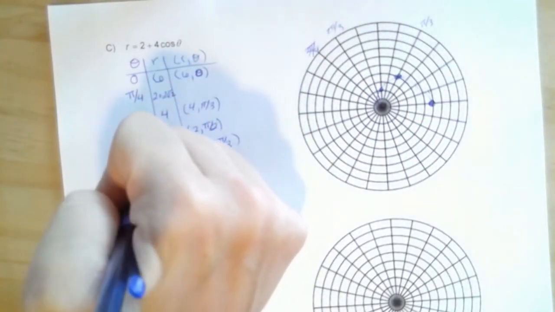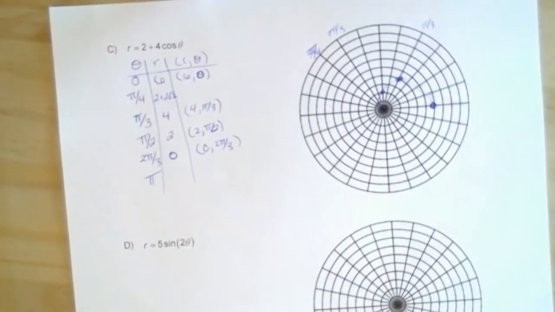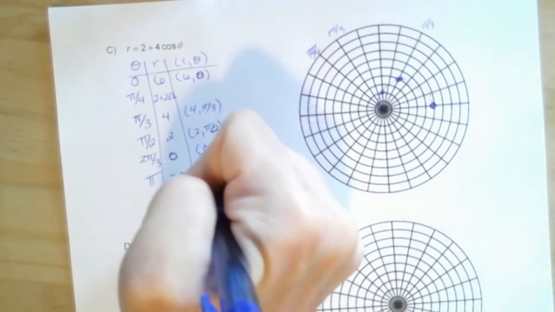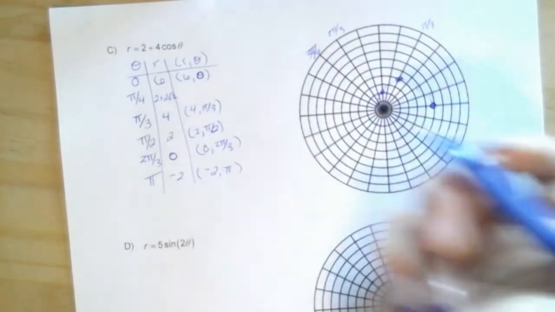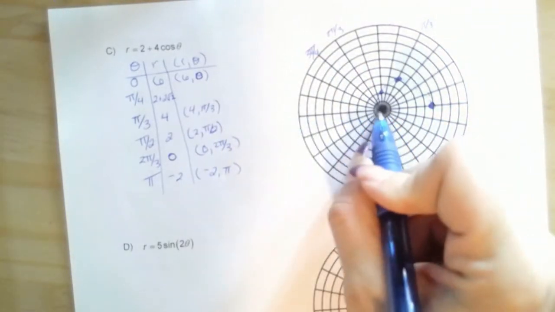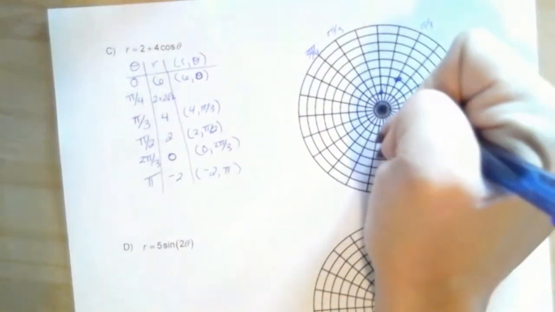But if we see pi, if we do pi in here, well, cosine of pi is -1, so that would be -2. So -2, pi. Well, if I look at pi is right here, but I have to go backwards. 1, 2.